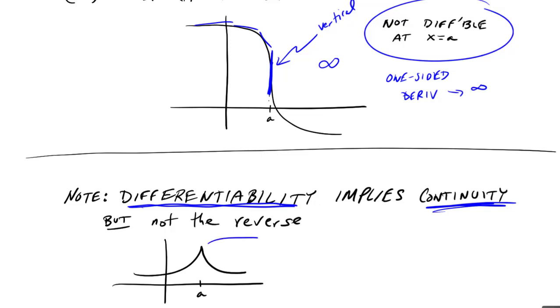Here at A is a perfectly continuous function. It's continuous at A, but not differentiable at A, okay? And that can happen because basically continuity is a lower level. You're trying to get to the higher level of differentiability.